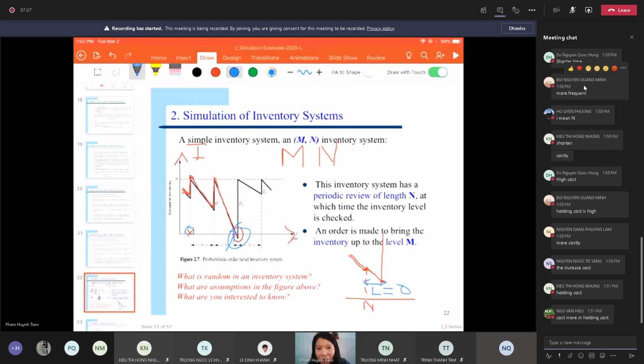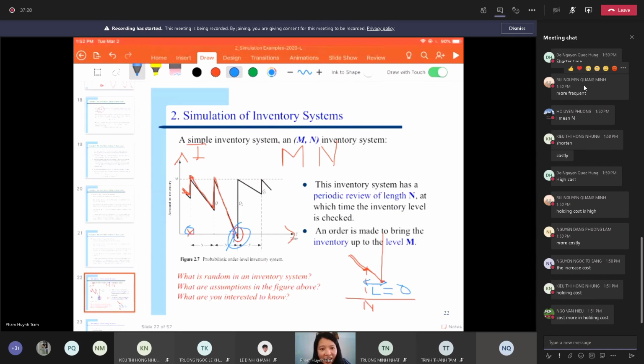But when we make orders frequently, we also have to suffer ordering costs. So in inventory management, we have to balance between the costs, like the holding cost and the ordering cost, and satisfying the customer demand.